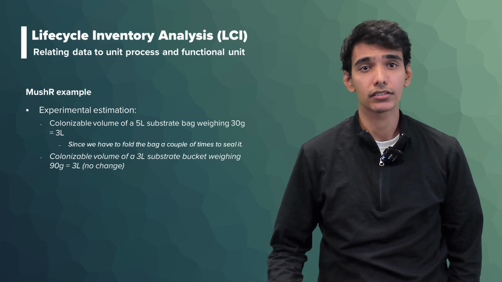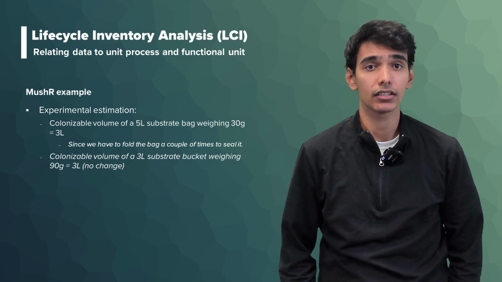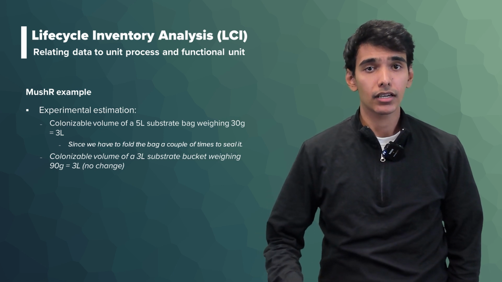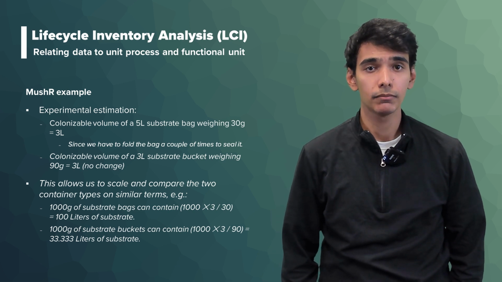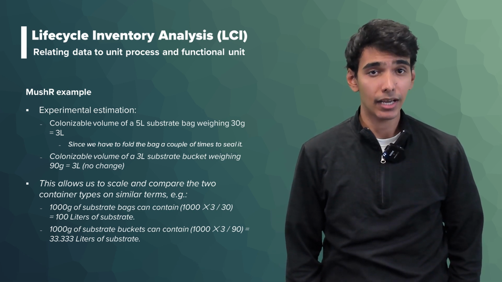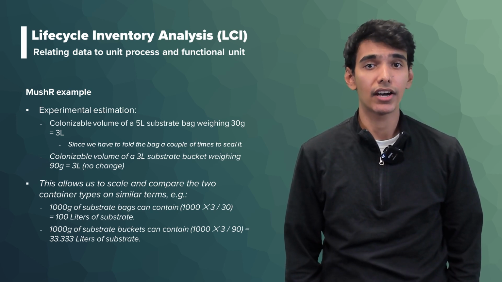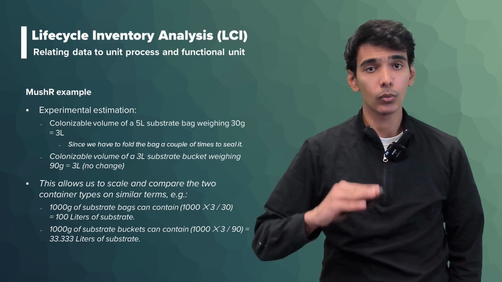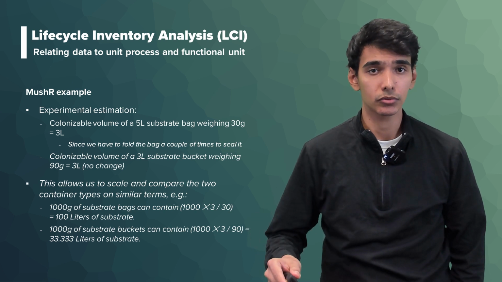It's essentially space efficient. The only difference is that it weighs 3 times as much, so 90 grams. This allows us to scale and compare the two different container types on very similar terms. So for example, if you have 100 grams of substrate bags, they can contain 1,000 times 3 divided by 30 liters of substrate, so essentially 100 liters of substrate. Similarly, you can compute that the same weight of substrate buckets will contain 33.333 liters of substrate, so it's 3 times less.